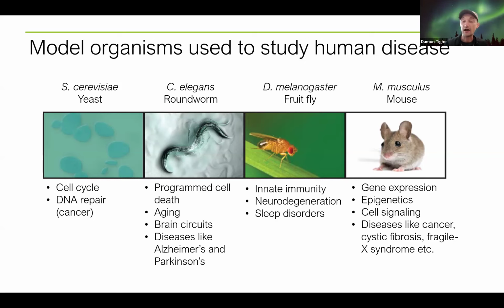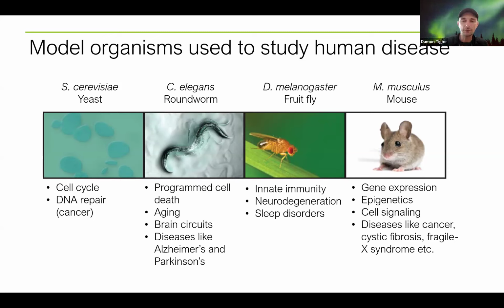The size, it's easy to upkeep, and you can see right through it, which made programmed cell death and even developmental biology easy to do, because you could basically drop GFP into cells and see where they migrated and what was going on, just with a microscope and UV light.